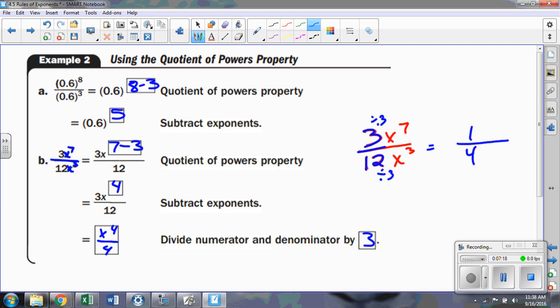So still simplify fractions the way you've always done. For the variables, we know our shortcut is to subtract the exponents. 7 minus 3 is 4. And so we wind up with 1 times x to the 4th over 4. But when you multiply by 1, it doesn't do anything, so here's our answer, x to the 4th over 4. That's all the writing that's needed. You can get the answers directly.